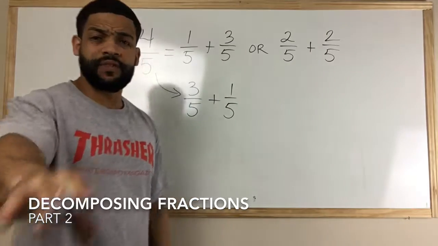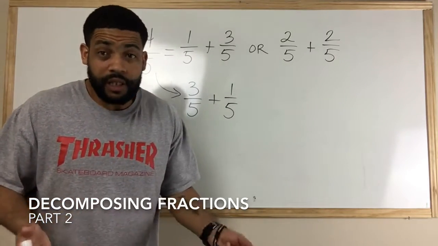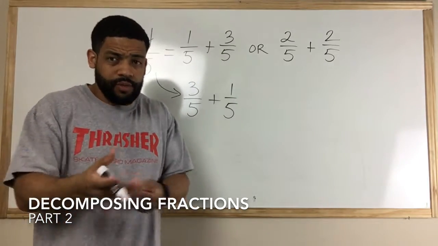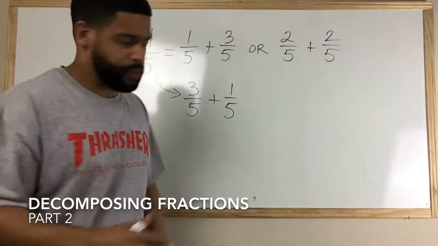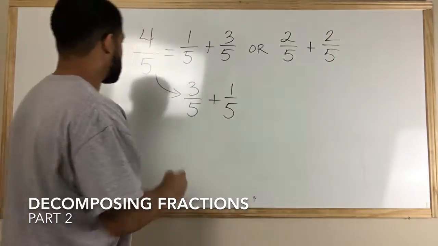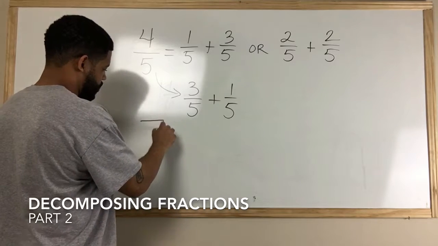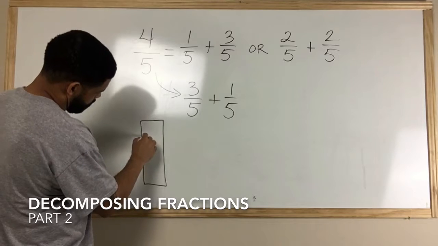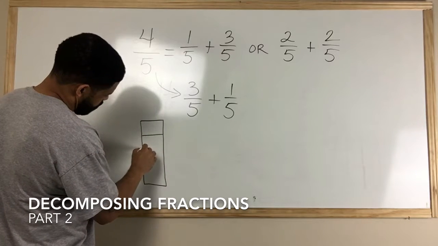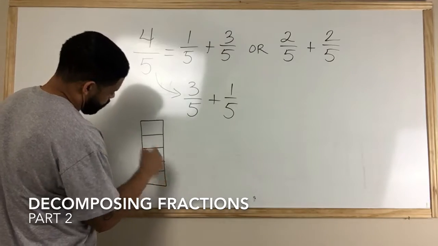Now, let's get visual. We want to add a visual representation of this so that the kids can understand. A lot of kids, you give them manipulatives and they see things and they get to understand it a little bit better. So for the 4/5, let's do this. 1, 2, 3, 4, 5.